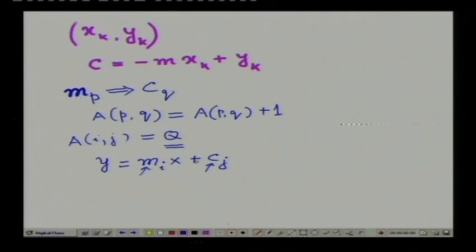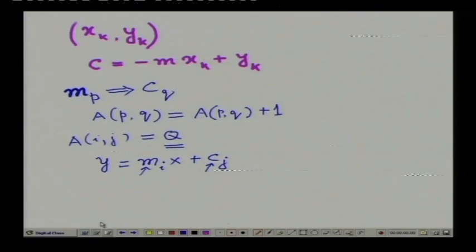Now, the question is, how can we use this to detect the number of straight lines present in the spatial domain? Let us consider a case like this. Say I have an image in the spatial domain and the boundary points of this image are something like this.